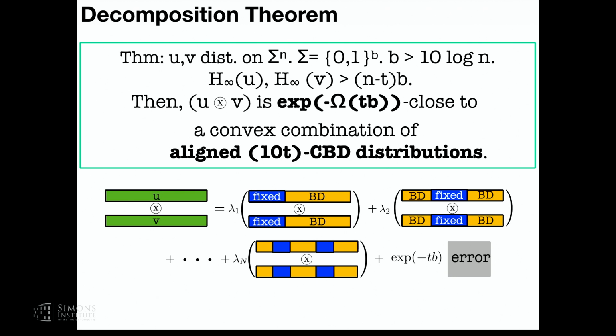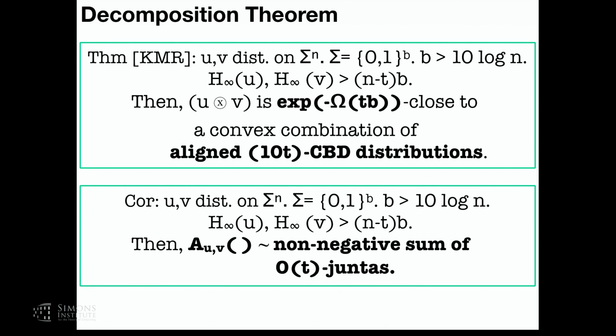And it turns out that once you have this, you can show what we really wanted, which is that if you start out with these distributions u comma v being very high min-entropy, then the acceptance function is a non-negative sum of O(t) non-negative Juntas. Okay?